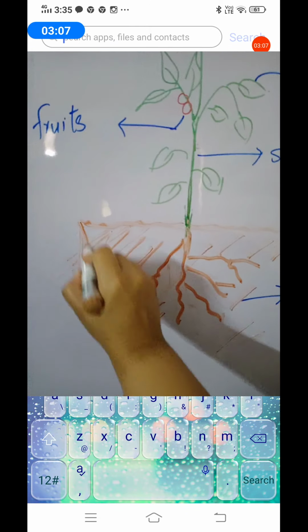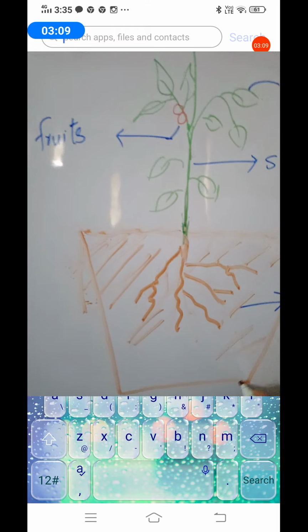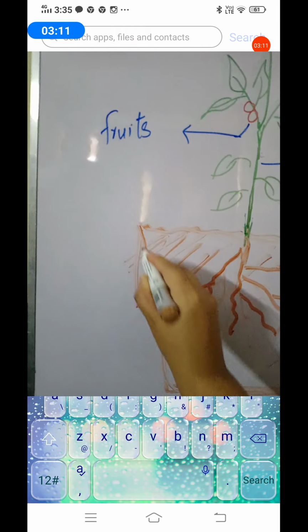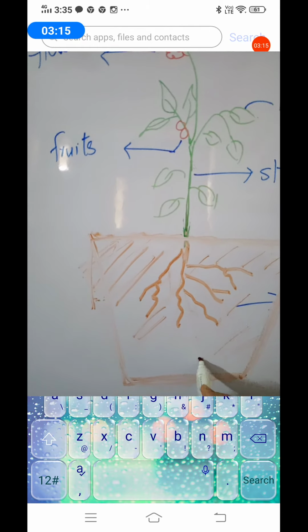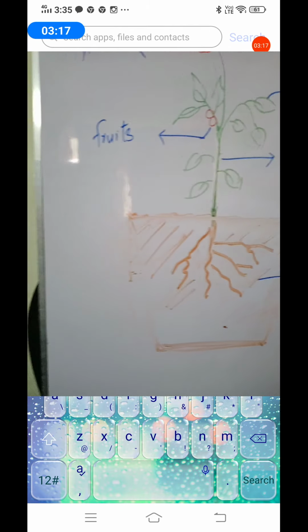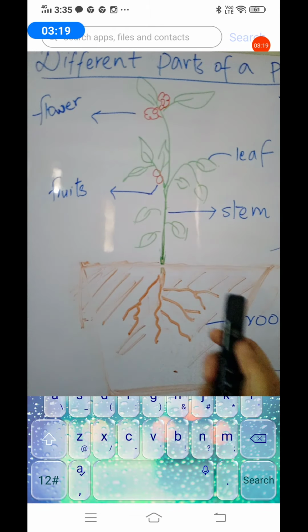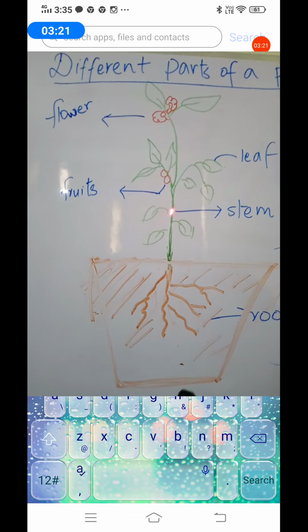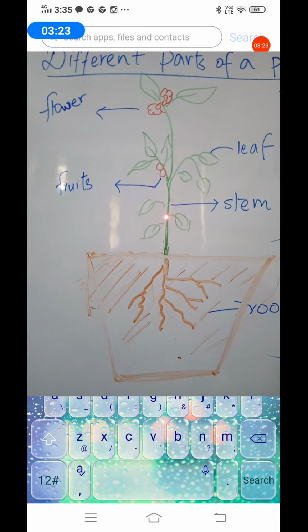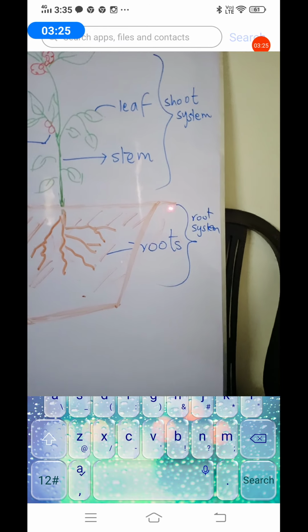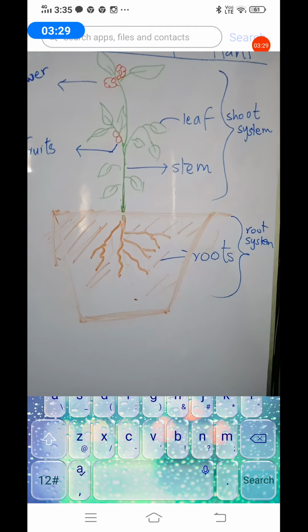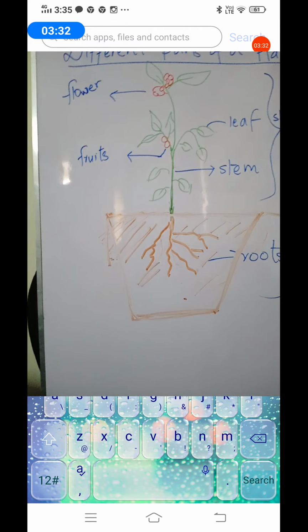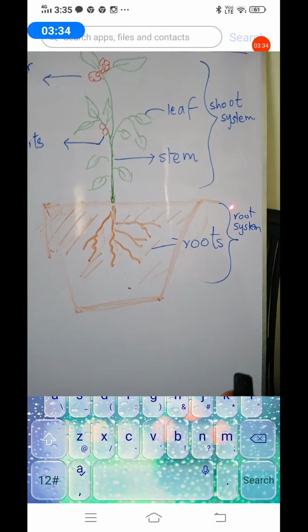Or let's say this is a flower pot in which you are growing a plant. Here are your roots which you cannot see, and here is the plant. So only this portion is visible to you. The root system is not visible to you, the shoot system is visible to you.